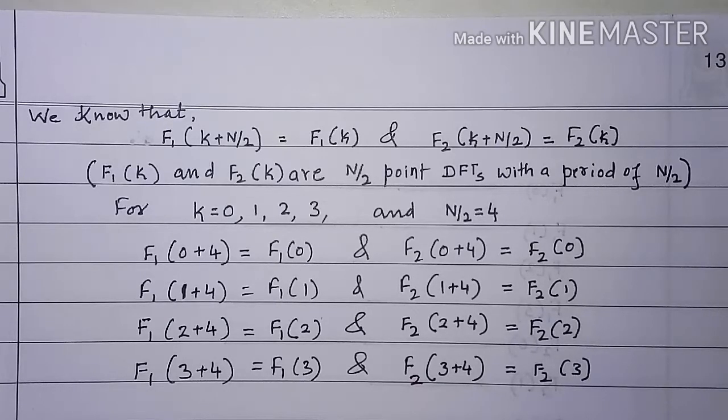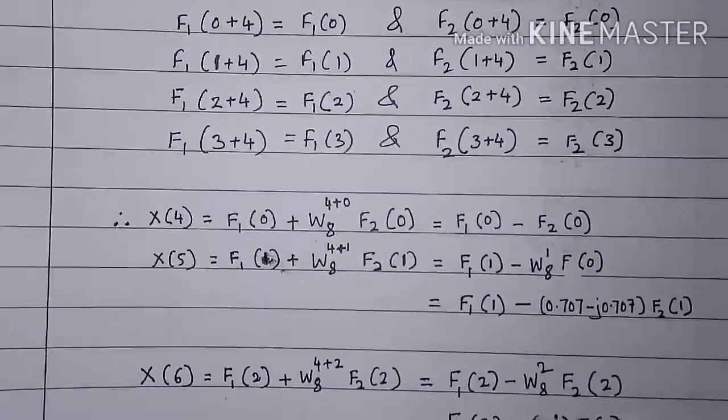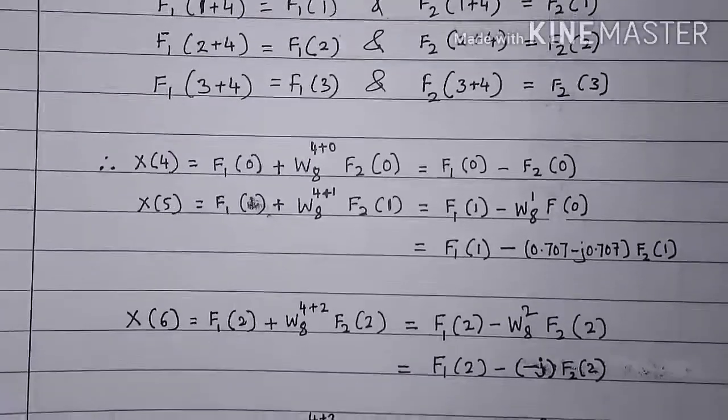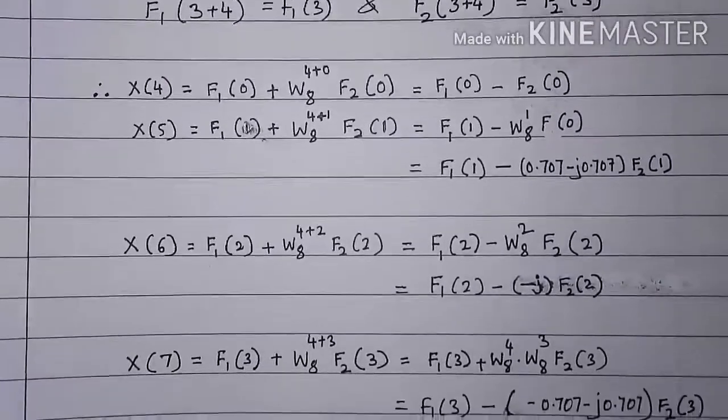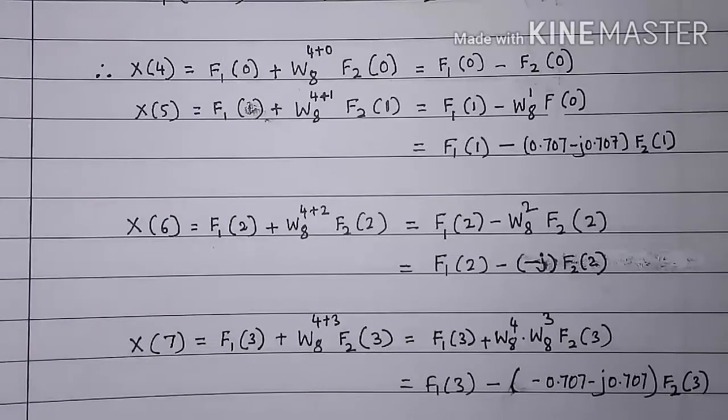This is because of periodicity property. Then can I write for X of 4? I can write for X of 4, X of 5, X of 6 and X of 7 this way.